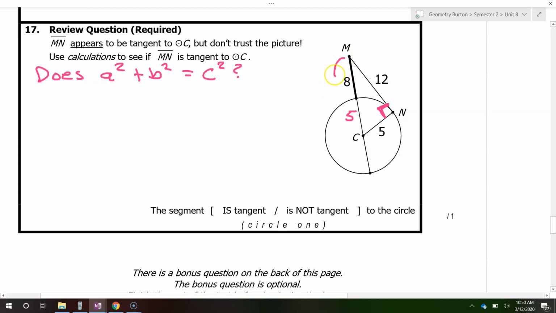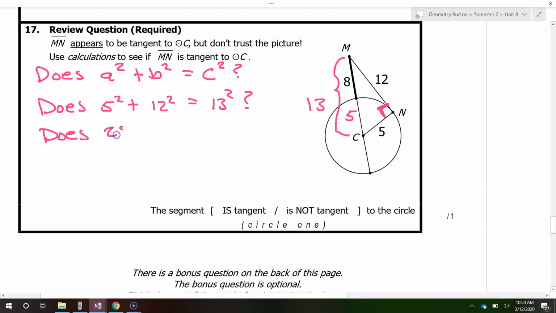Now, as I do this, obviously the hypotenuse here is 13, 8 plus 5. So I'm dealing with 5, 12, and 13. So the question is, does 5 squared plus 12 squared equal 13 squared? Does 25 plus 144 equal 169?